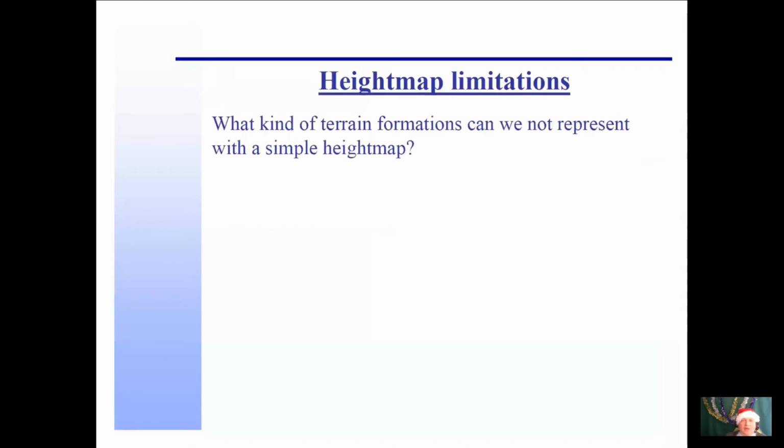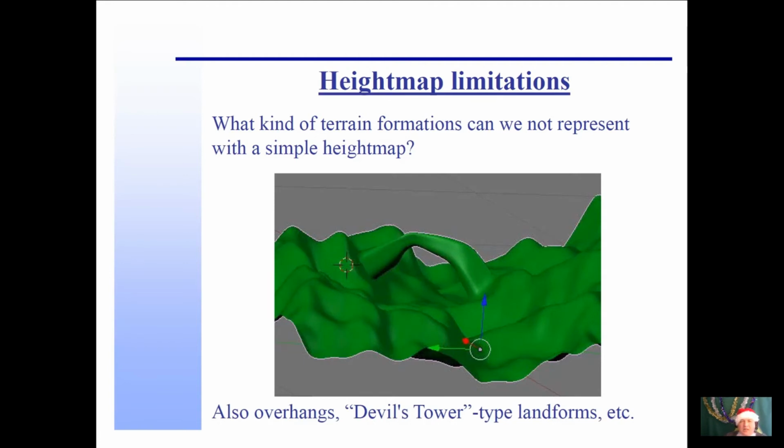Now I have 2 news for you. Okay, one is bad news, one is good news. Okay, I will start from bad news. Okay, bad news is that Heightmap technique has some limitations. For example, here is a clear limitation of this approach. If you have any kind of overhangs, devil towers, or even caves, you cannot easily build them using a height map.